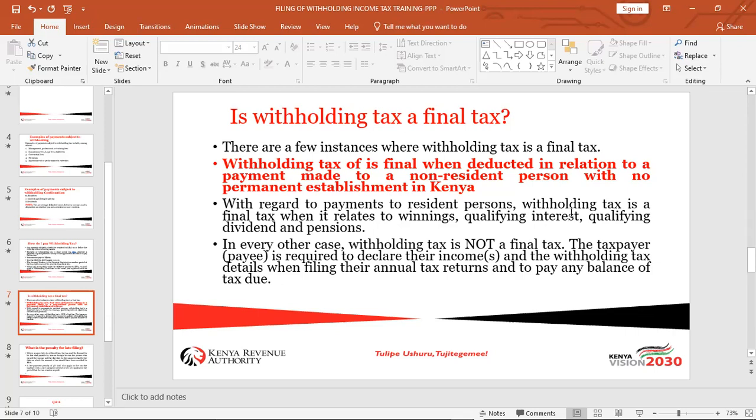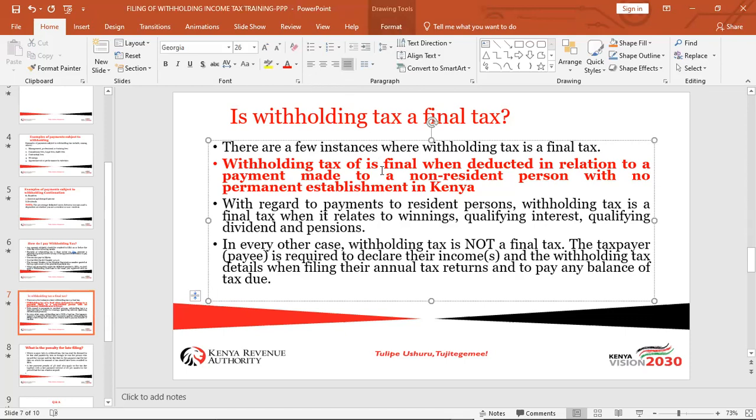Then another thing you should know, in every other case, withholding tax is not final tax. The taxpayer, that is the payee, is required to declare their incomes and the withholding tax details when filing their annual tax returns and to pay any balance of the tax due. What do we mean here?